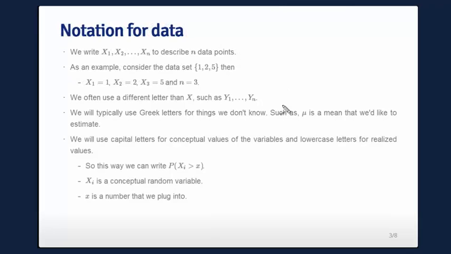Let's just start with some basic notation that we always use. We often describe a bunch of data points as, say, x1 to xn, where x1, x2 refers to the ordered list of data points. So, for example, if our data set was 1, 2, 5, then x1 would be 1, x2 would be 2, x3 would be 5, and in this case, n would be 3.